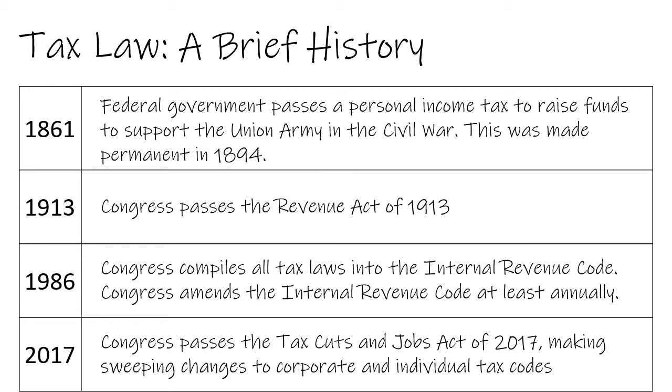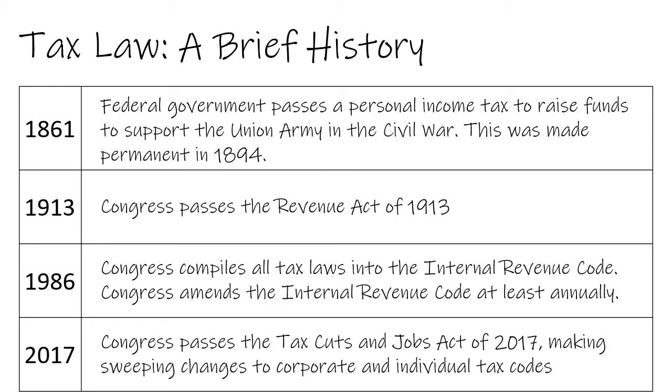In this slide, we can see a brief history of the tax law. Taxes were first levied on American citizens in 1861 to raise funds to support the Union Army in the Civil War. A later law made taxation in the United States permanent.